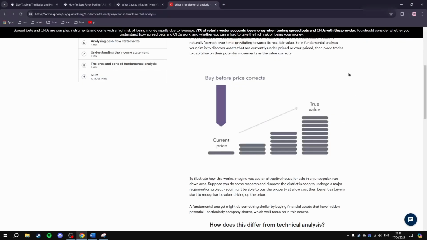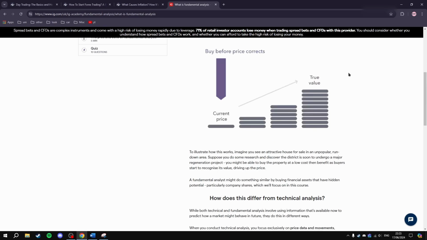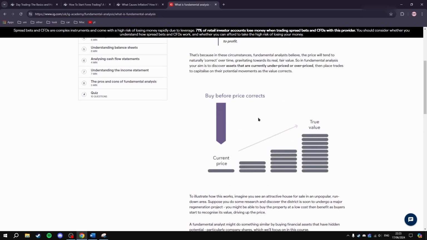So in fundamental analysis, you aim to discover assets that are currently underpriced or overpriced, then place trades to capitalize on their potential movements as the value corrects. Buy before the price corrects, at the current price, and it rises to the true value.